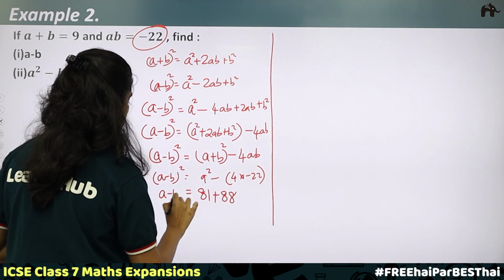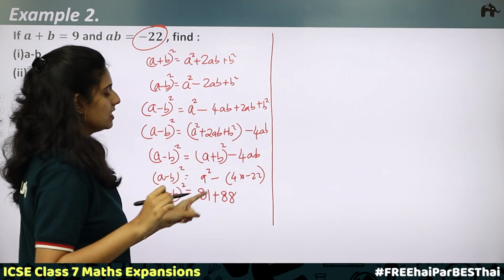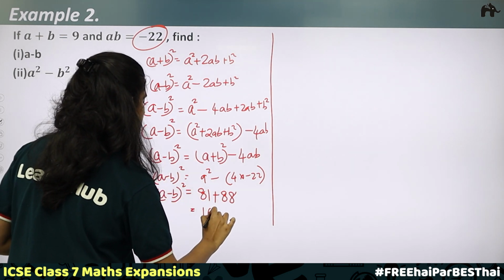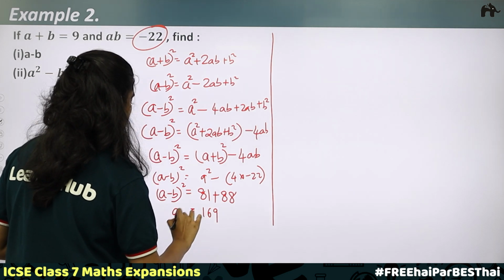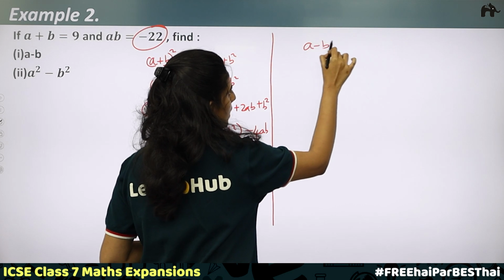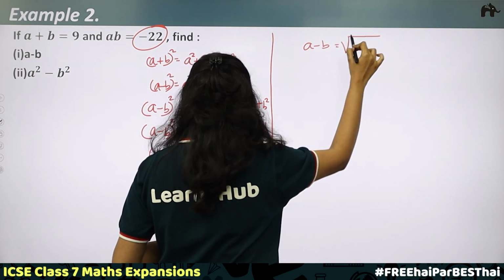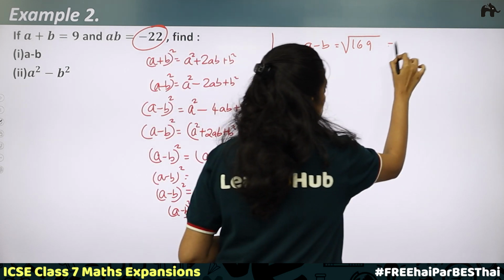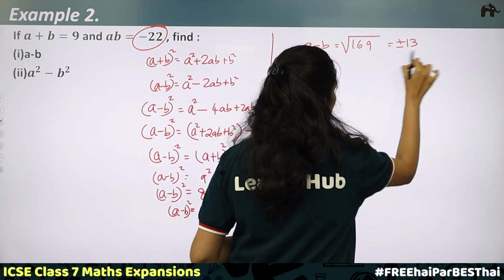So (a minus b) whole square is equal to 81 plus 88, which is equal to 169. Then what is a minus b? a minus b will be equal to root of 169, which is plus or minus 13.